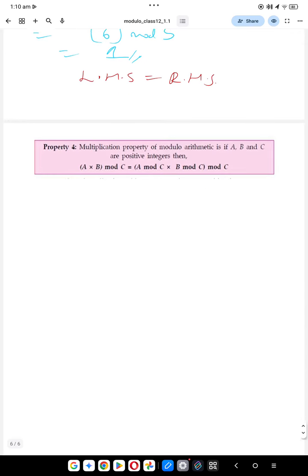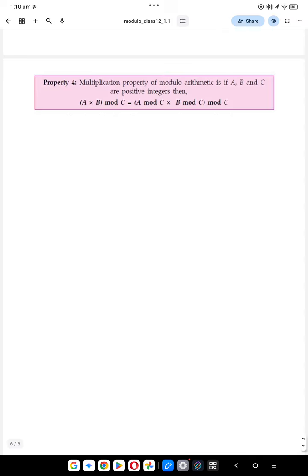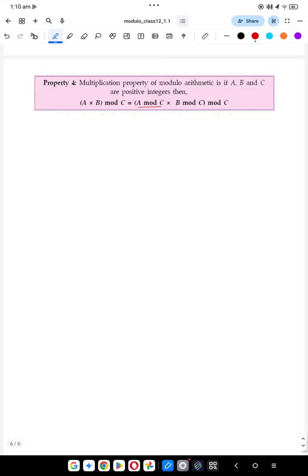Let's see the last property for the day and we will end this session. This is the multiplication property, where again it says that for multiplication also we first need the multiplication of the individual components and then the whole mod.